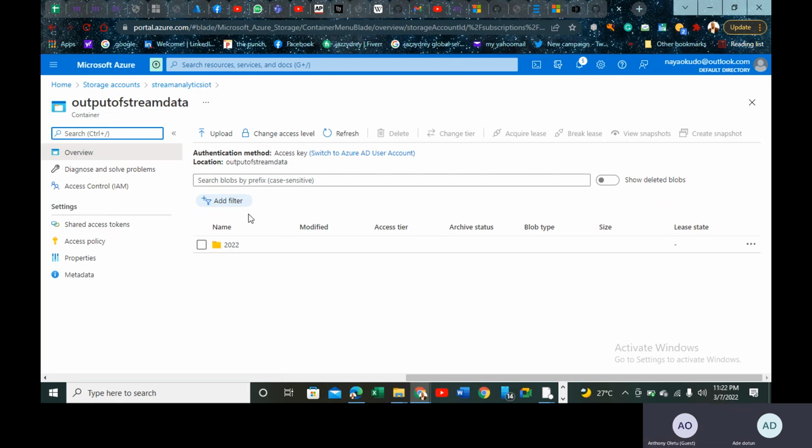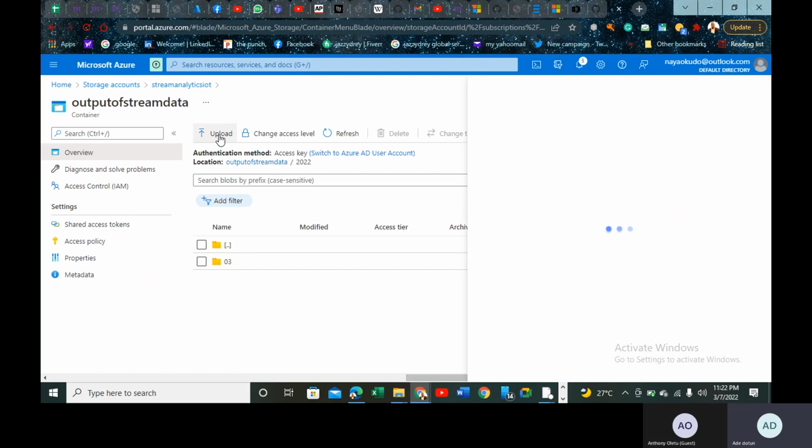So look at it. Inside this folder called output stream data, there's a file called 2022. Is it a file you upload, or is it a folder you upload?